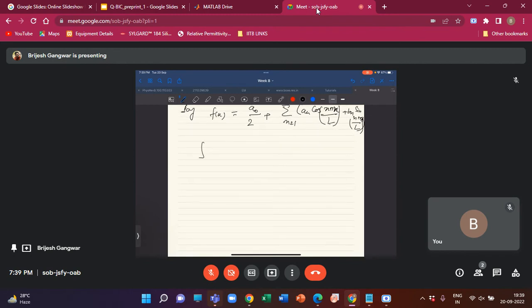Now we will multiply this by f(x). So f(x) square will be a0 by 2 f(x) plus summation n equal to 1 to infinity of an f(x) cos n pi x by L plus bn f(x) sin n pi x by L.